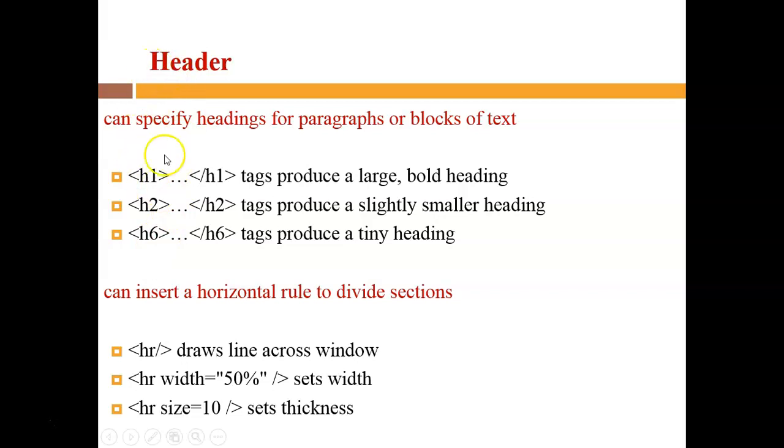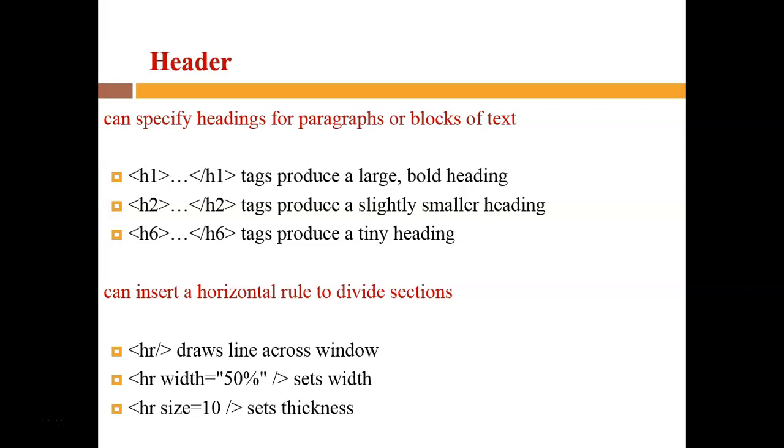So 1 indicates a bold heading, 2 indicates a smaller heading, and so on. That means H3 is again smaller than H2, H4 is again smaller than H3, and so on. And at the end, the value 6 will produce a tiny heading. So to produce a large and bold heading we use 1, and for producing a very tiny heading, we use 6.